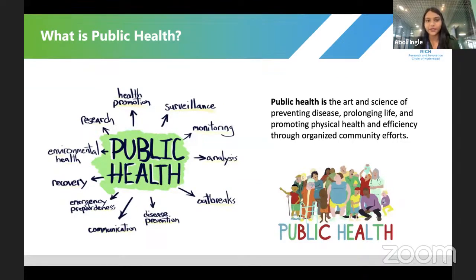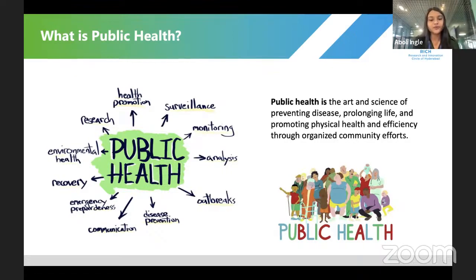To give you an example, if some area is affected by a flood, the flood comes with influenza viruses, dengue, malaria, and all these things. So public health also has an action plan to address these environmental risk factors that can affect the health of the population in general.